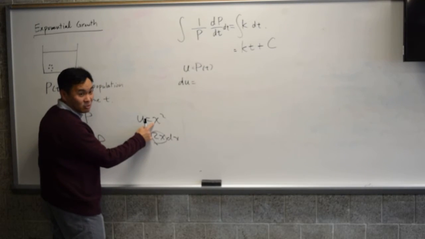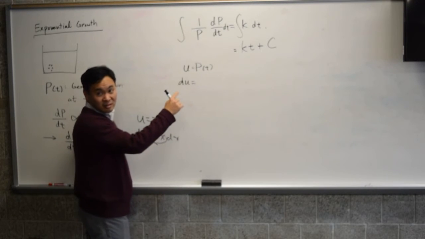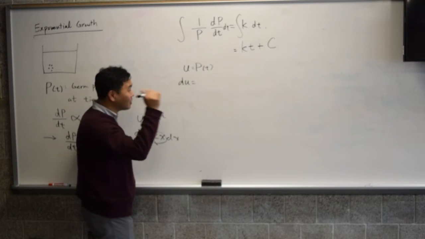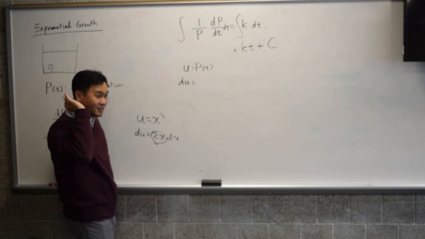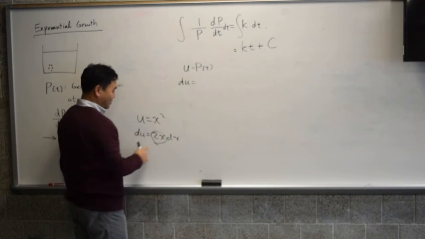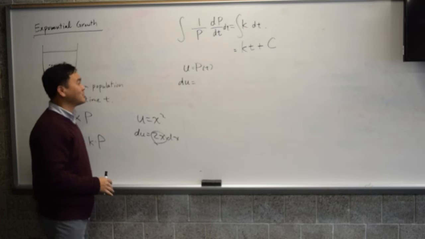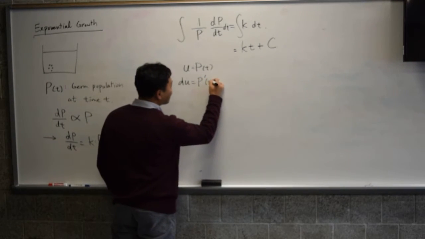You differentiated this, right? So if you follow the same reasoning, du is p prime of t. P prime of t, thank you. P prime of t dt.